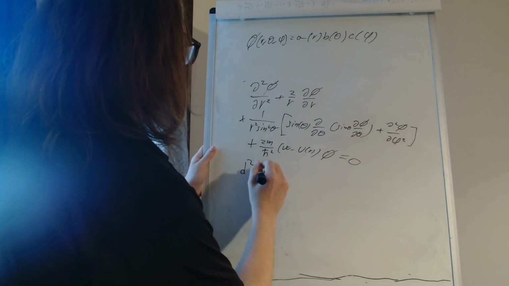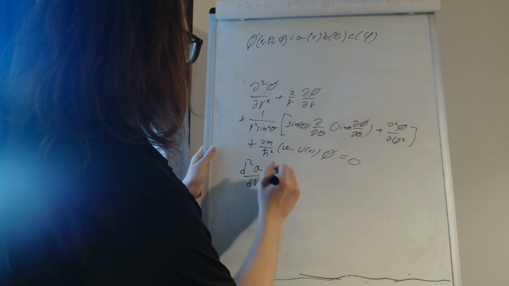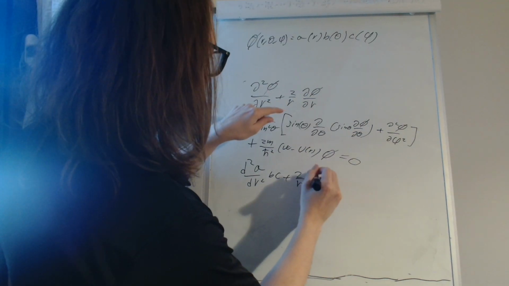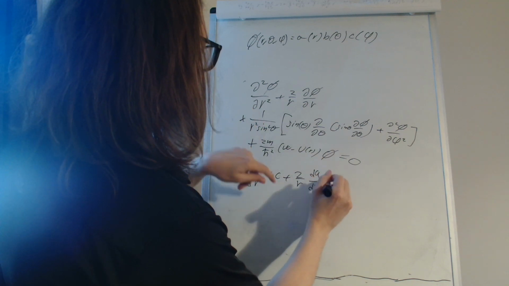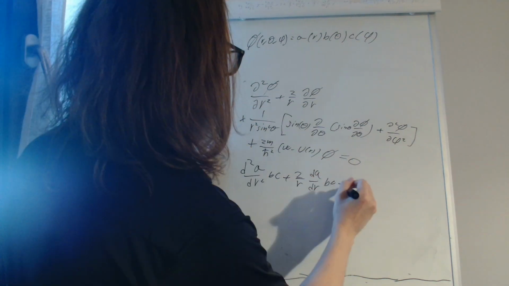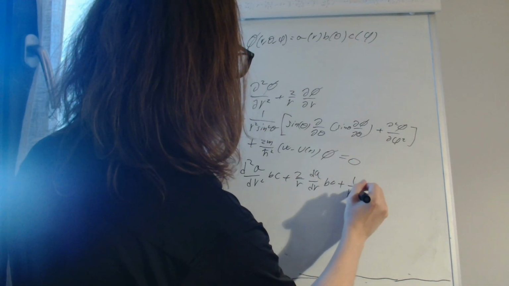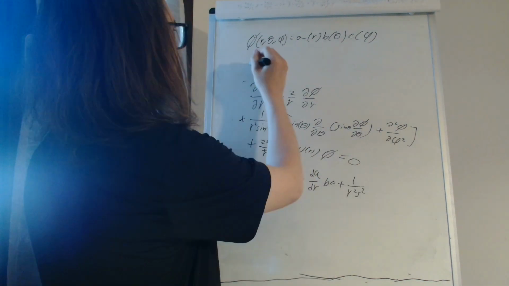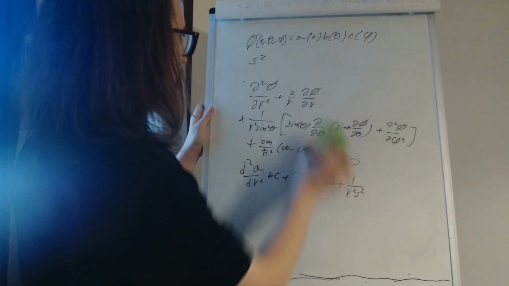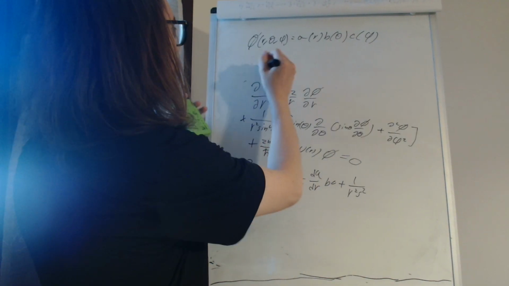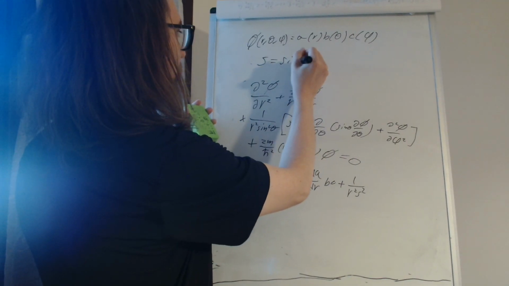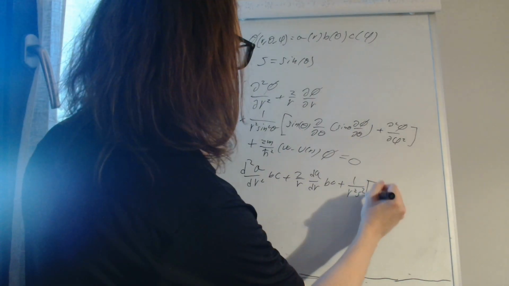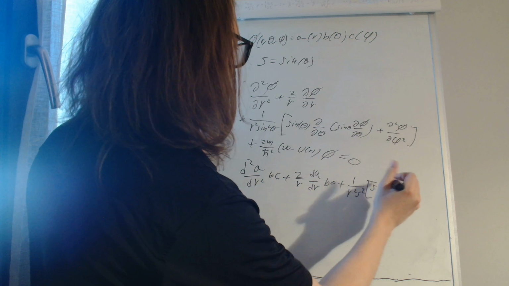Let's plug in. We get d squared of a on dr squared times bc plus 2 divided by r dA on dr times bc plus 1 over r squared sine squared, I will write s for sine of theta for simplicity, times s.